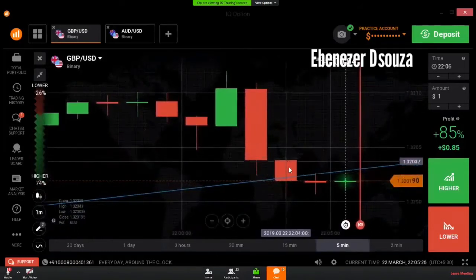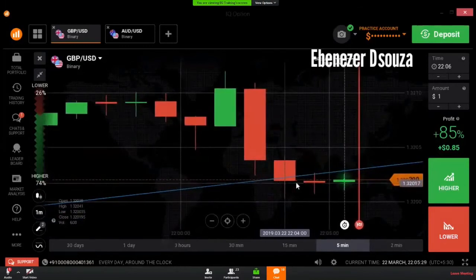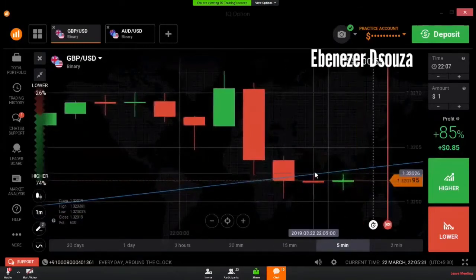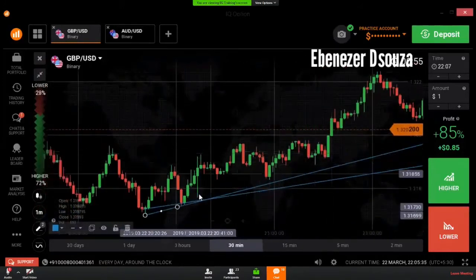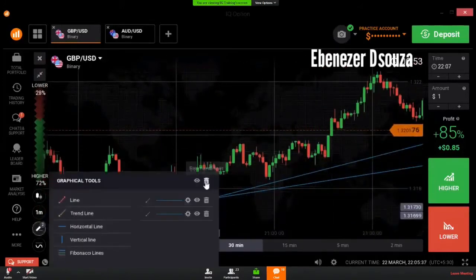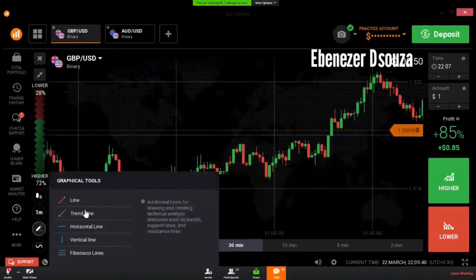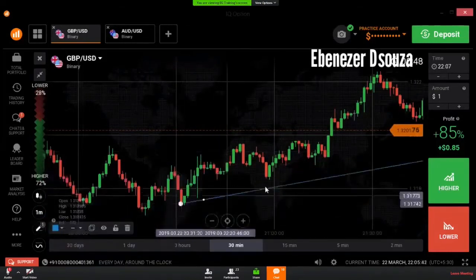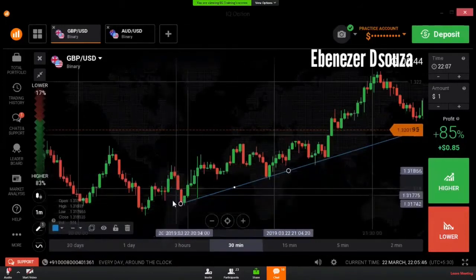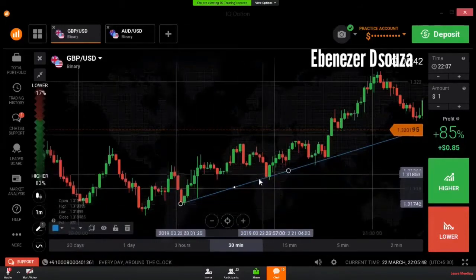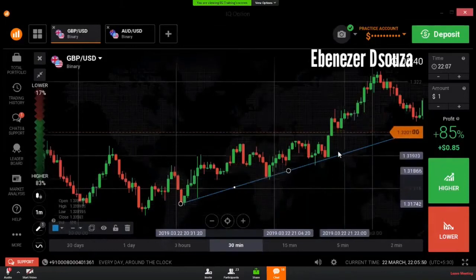But we are seeing a breakout candlestick, so we can't place our trade on the next candle. If the candle closes above the level, we can place our trade. Okay, here also we are seeing a next buyer's entry point. A buyer's entry point here. Again, we are seeing a buyer's entry point.